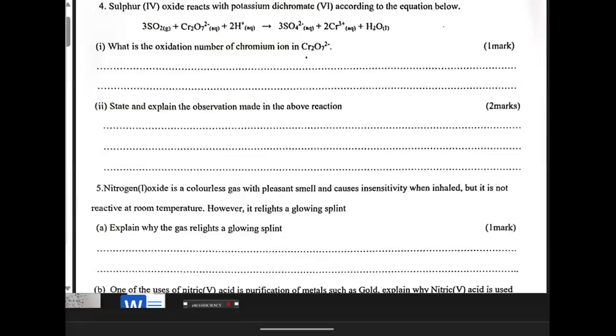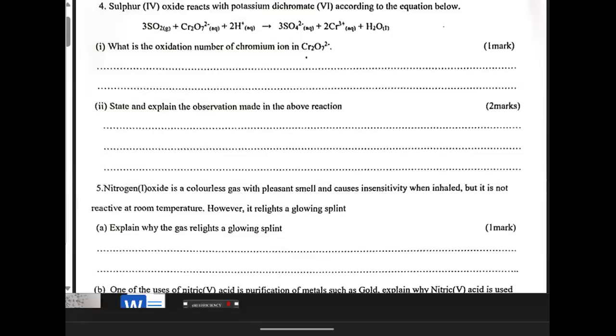Before he interrupted, we were in question number 4. You can see the equation. In that equation, the SO2 gas is bubbled in acidified potassium dichromate 6. Acidified potassium dichromate 6 is illustrated by that hydrogen ion.